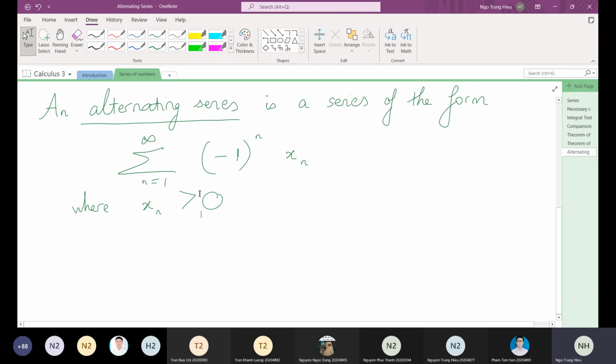So, for example, 1 minus 1 over 2 squared plus 1 over 3 squared minus 1 over 4 squared plus 1 over 5 squared, and so on. So this is an alternating series.